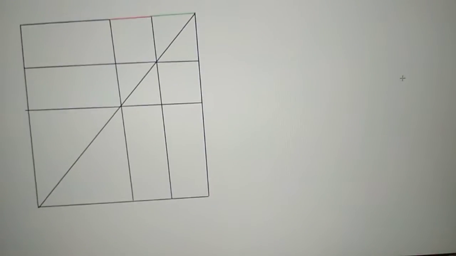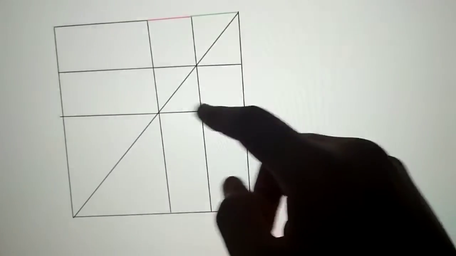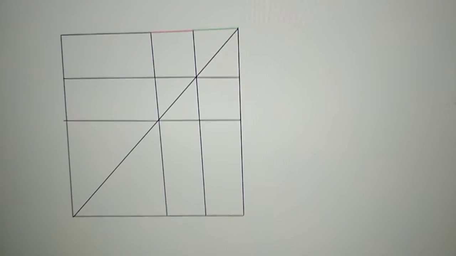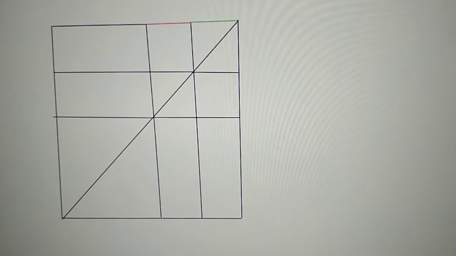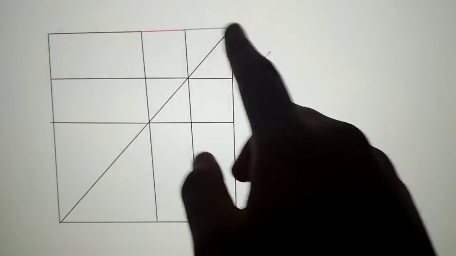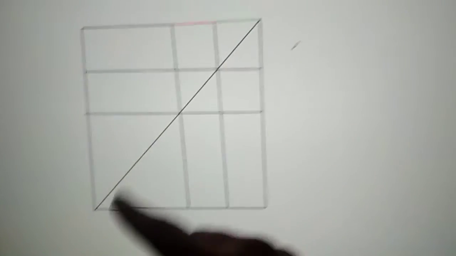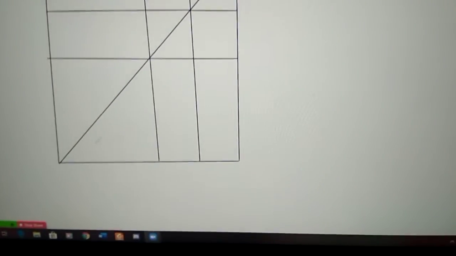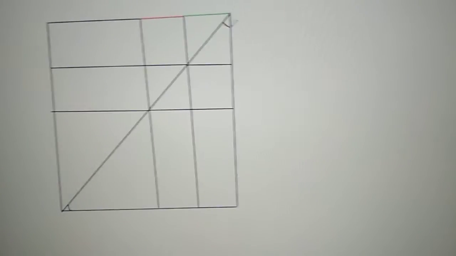We're going to show first that these 4 squares over here are equal to each other and that they are squares. So first of all, we know that this is a square, so this is equal to this, so this is going to be an isosceles triangle, and the angles at the base are going to be equal to each other. This will be equal to this.